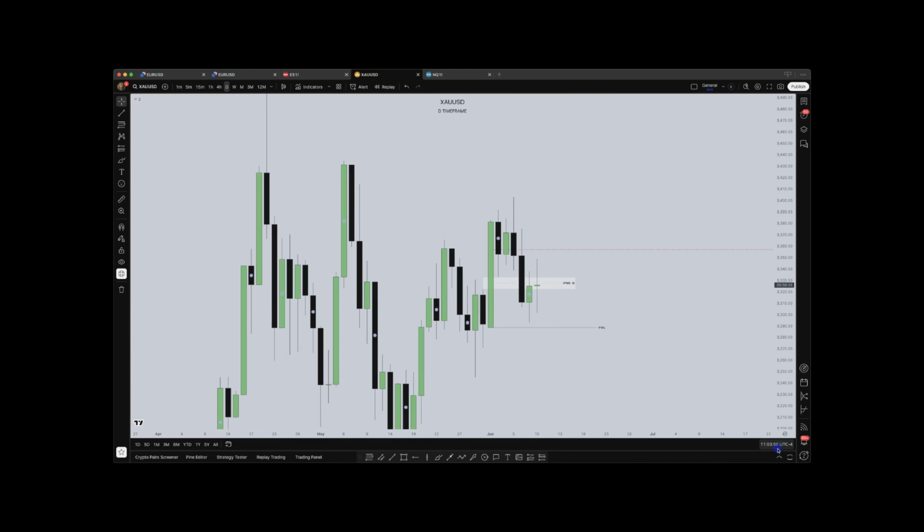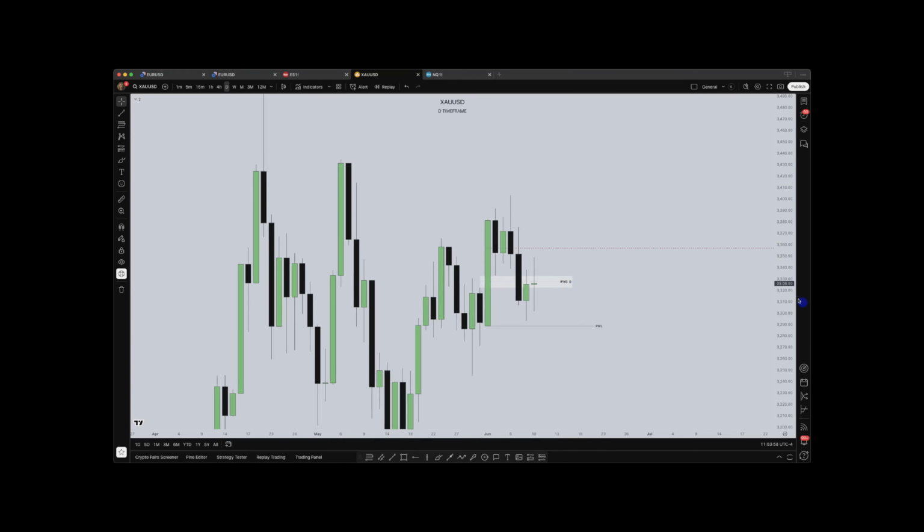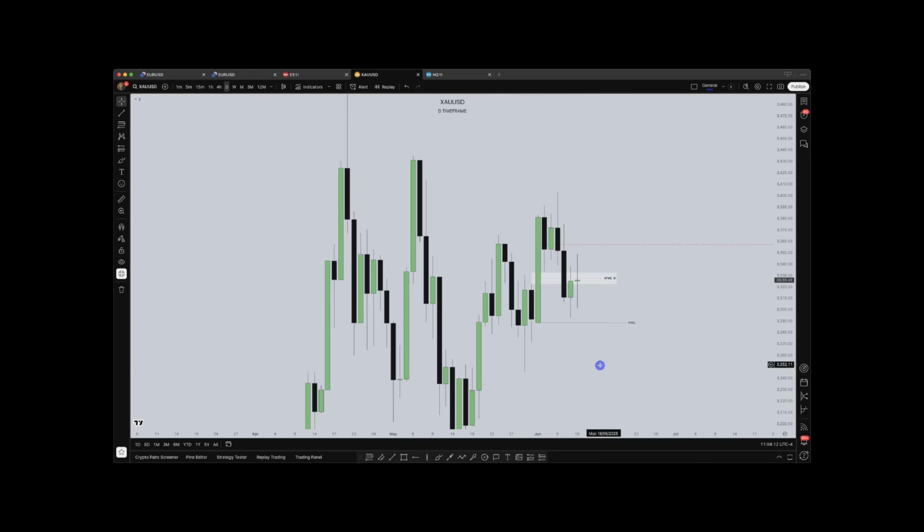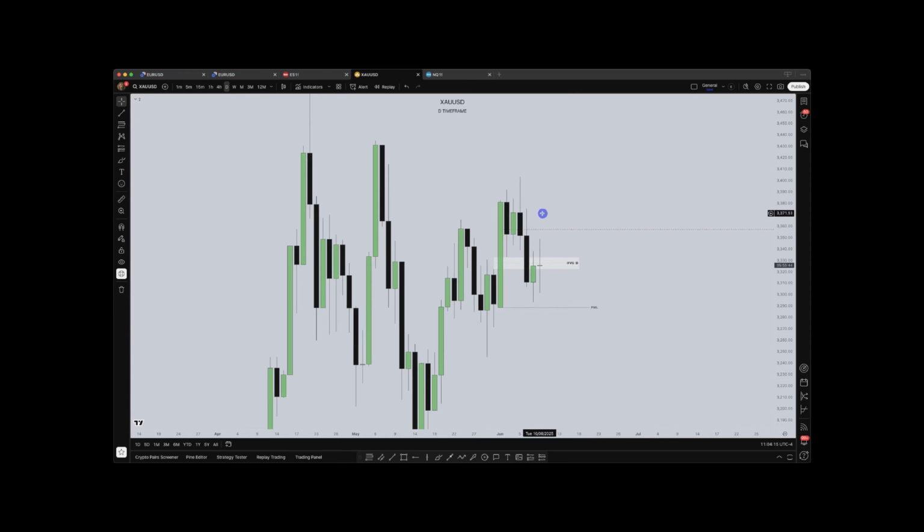This is daily. I think we have more hours, but I don't know why it says 5 hours here. Okay, so if bodies are respecting this area, it's good information. So we are expecting lower prices.